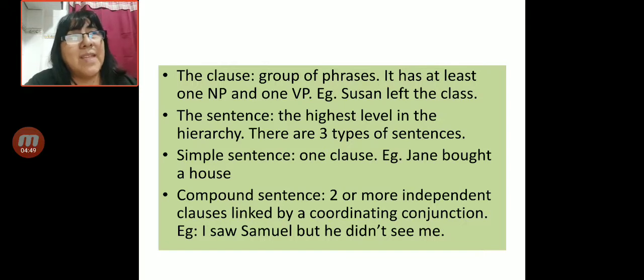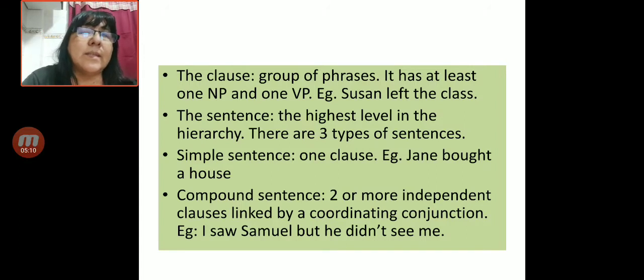The highest unit is the sentence. There are three types of sentences. They are simple sentence, compound sentence, and complex sentence.